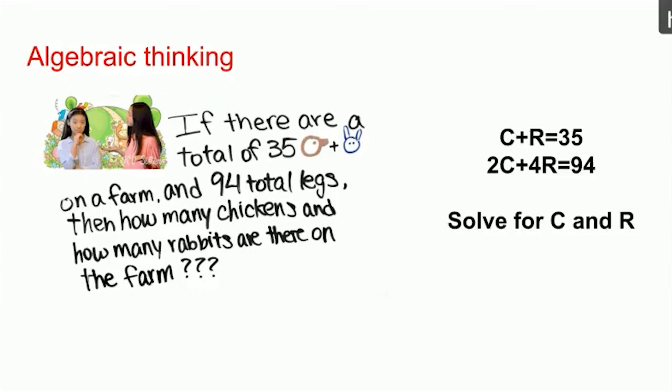First, chicken plus rabbit, the total is 35. I think you can see that. And second is the total legs for chicken, that's 2 times C, and the total legs of rabbits, that's 4 times R. And they add up to be a total of 94.